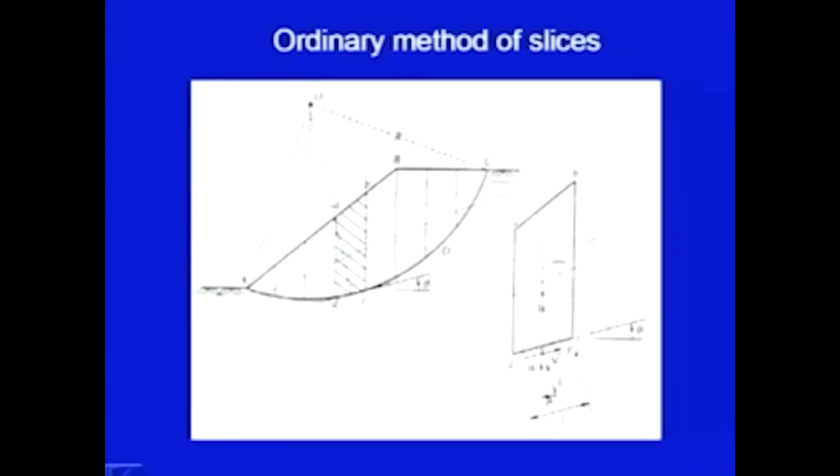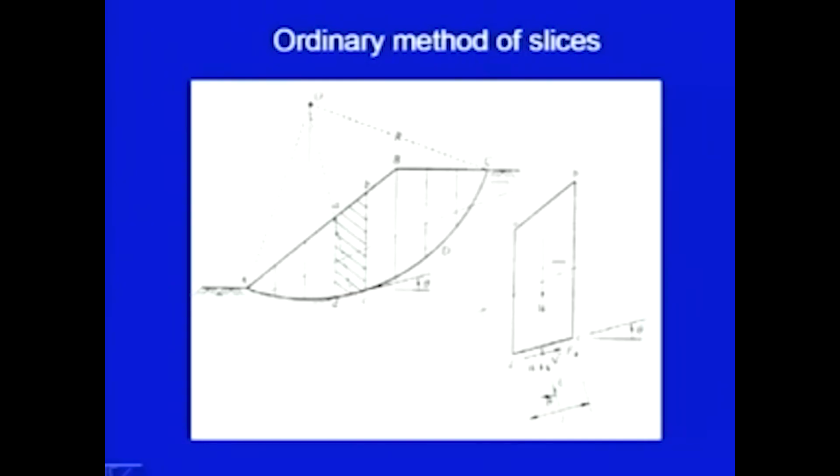The important assumption which I was discussing is that here the side forces will be acting. On the right hand side, there will be some force in the vertical direction, and there will be some force in the horizontal direction also. Similarly, here also it may be acted upon by a shearing force in the vertical direction as well as a force in the horizontal direction.